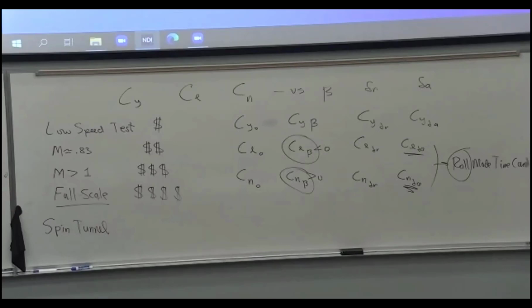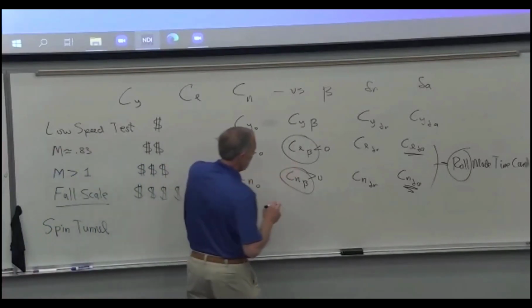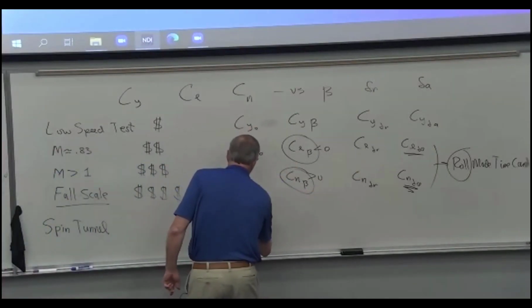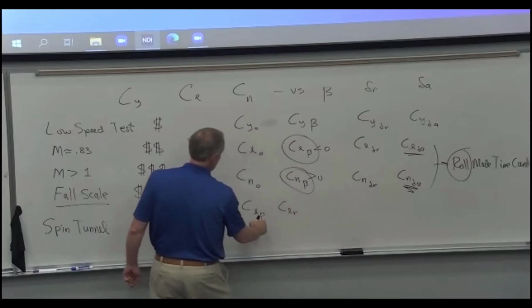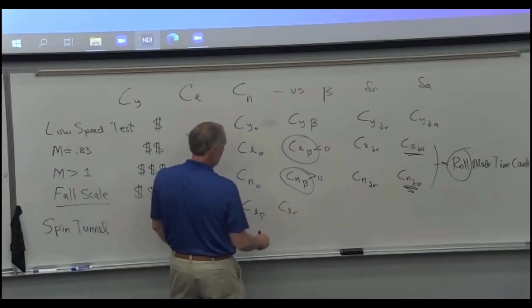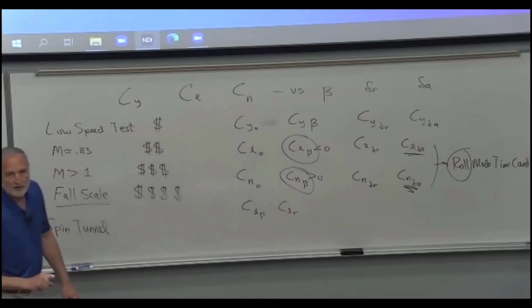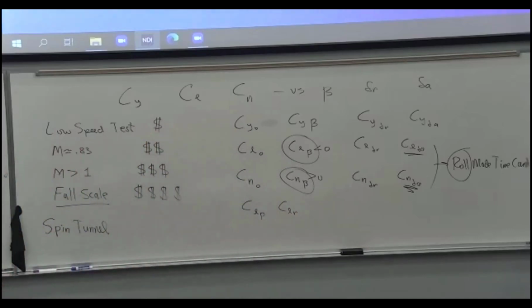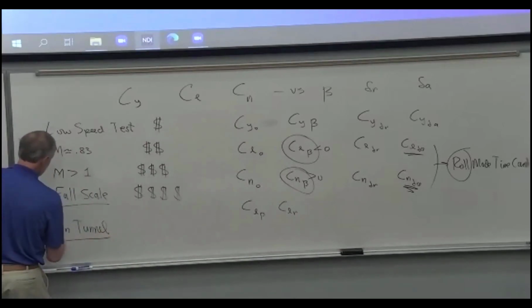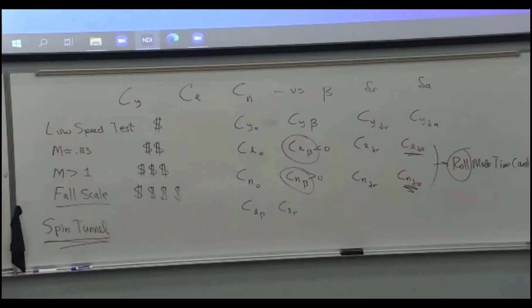Then they can measure how the airplane spins, what its spin modes are, so that they can validate other parameters that I haven't listed here, like, for example, CLP and CLR. These are the roll rate and yaw rate derivatives. They can get those out of a rotary balance tunnel and a spin tunnel because they want to make sure that if that aircraft spins, they can recover from the spin while it's spinning. And that costs even more money.